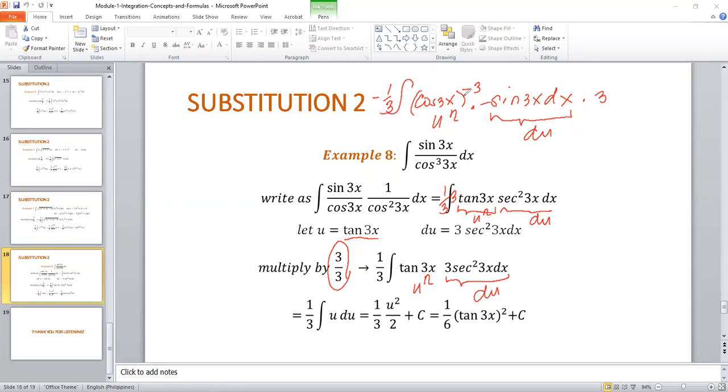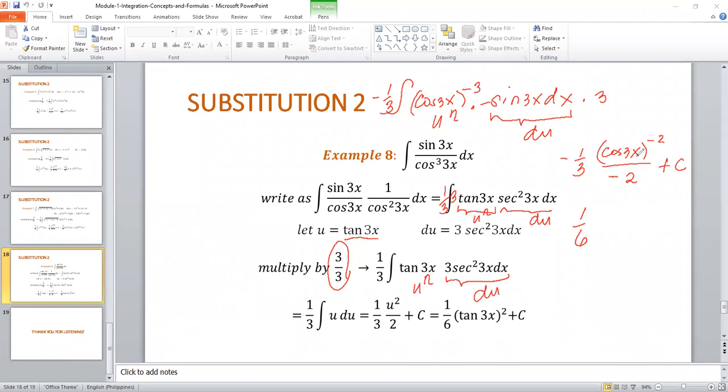If you use power rule to this, I will just write the answer here. It would be negative 1/3. You copy this one. If you use power rule to this, that would be cosine 3x raised to negative 2 over negative 2. Correct? Of course, the plus c is there. This is negative, negative, positive. 3 times 2, that would be 1/6.